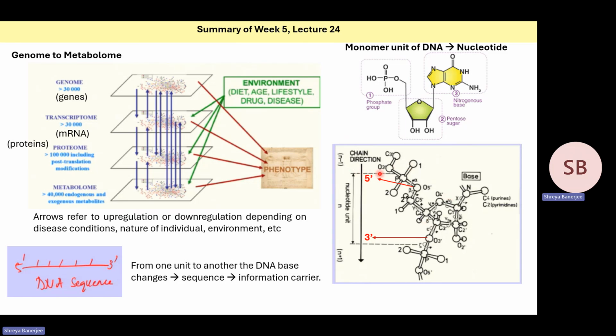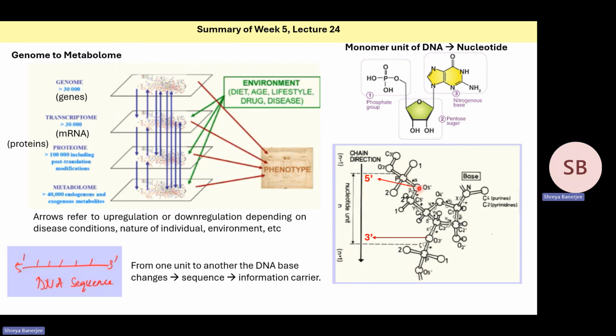From this dotted line to this next dotted line, if we consider it the nucleotide numbered N, up to this O is one nucleotide. This O will form a phosphodiester bond with the phosphate group of the next nucleotide, which is the N+1 nucleotide.